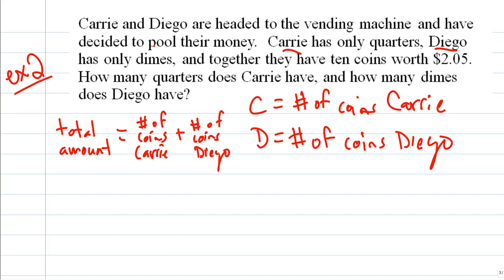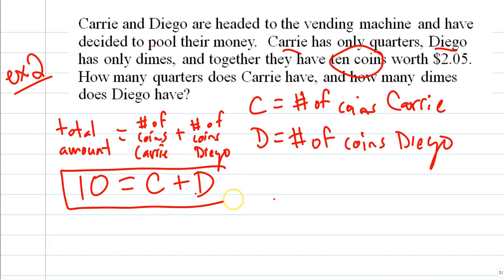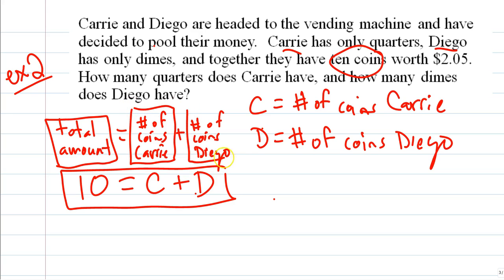Well, we have a total amount. Together they have 10 coins. That's the total amount. So I can say 10 is their total amount. And we don't know how many coins Carrie has and how many Diego has, so we'll call it C plus D. There's our first equation. Total amount. Okay, so total amount equals the number of coins that Carrie has plus the number of coins Diego has. And we fill in the total amount. We fill in C for that unknown, D for that unknown.